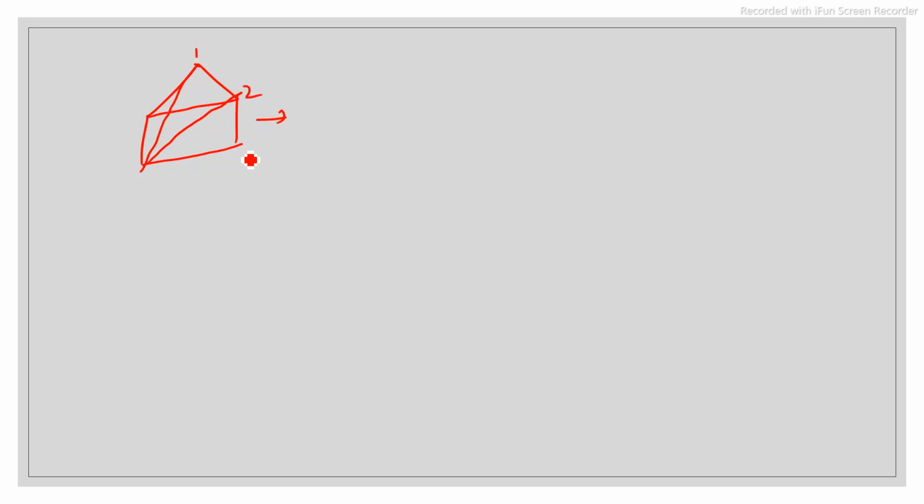The number of vertices here is 5, but what is the maximum number of possible edges in K5? n into n minus 1 by 2, that means 5 into 4 by 2, that means 10. But here 10 edges are not present in this graph.